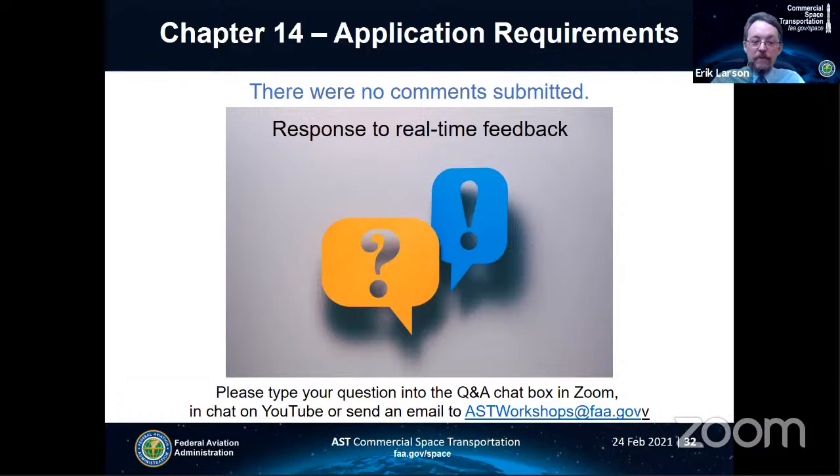There's also a question: does the FAA intend to accept federal launch and reentry site analysis without additional data being provided? The FAA has worked with federal ranges to develop the approaches and the methods. So the FAA will accept the analysis of a federal site as long as the FAA has reviewed and accepted their processes for that site, and to the extent that those analyses meet the FAA's requirements.